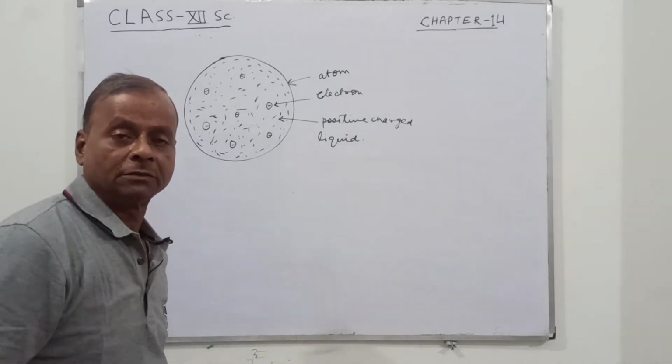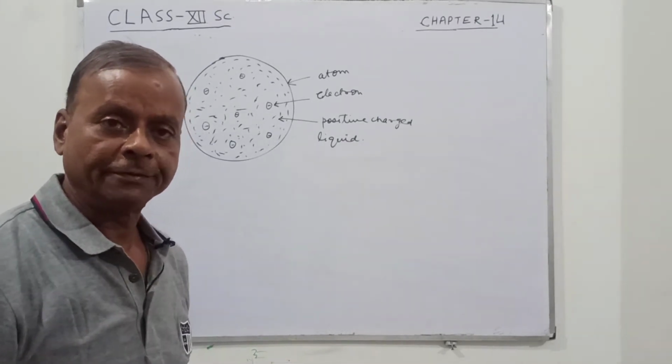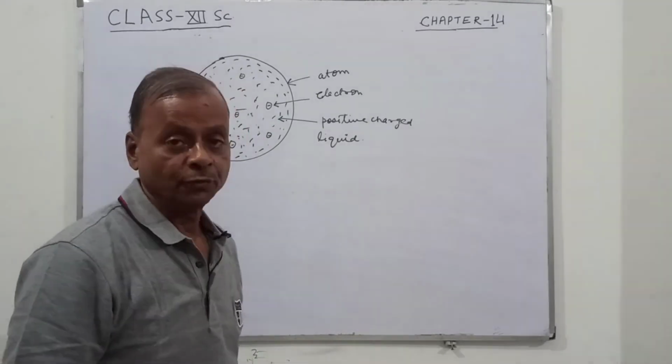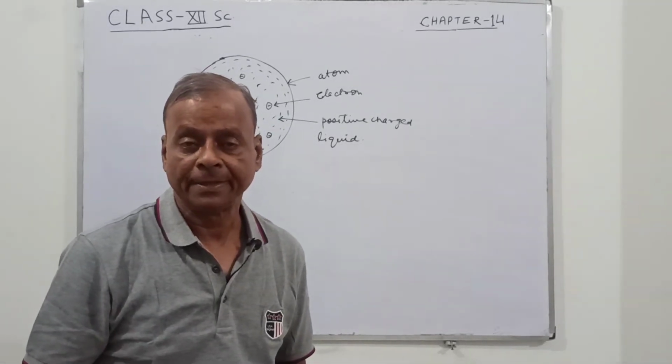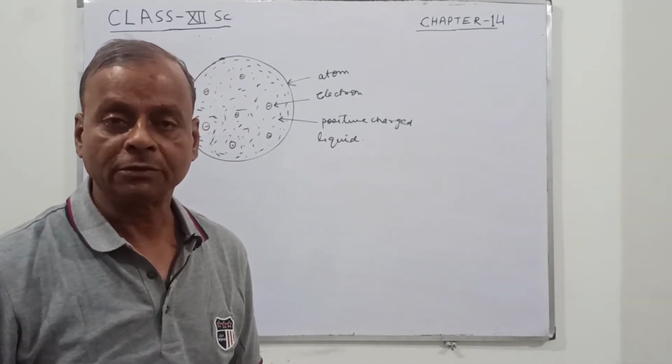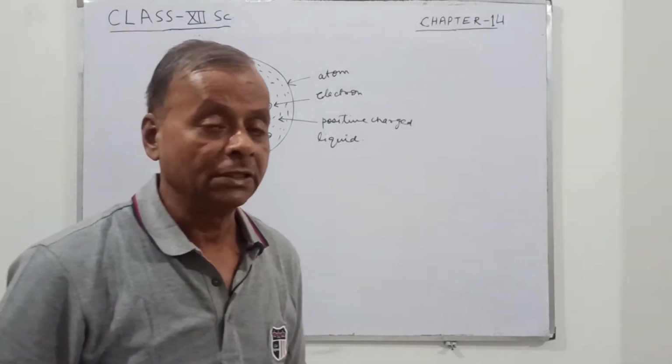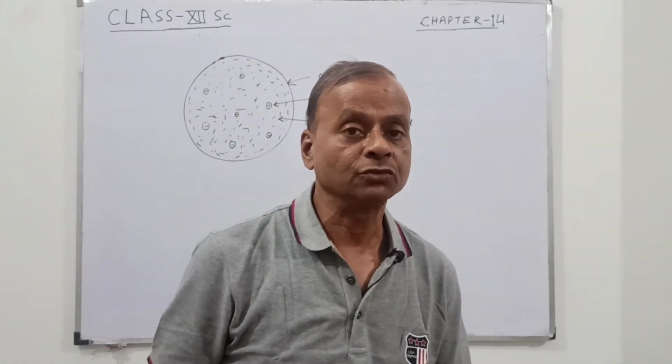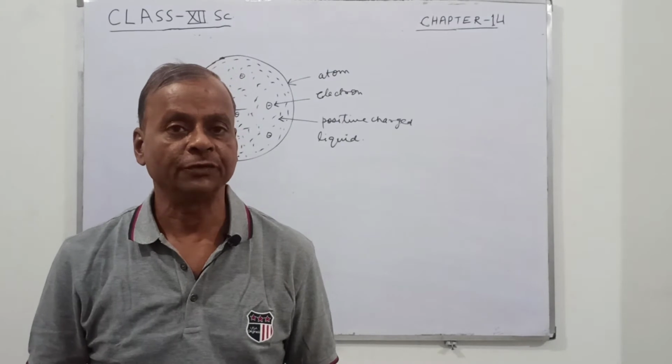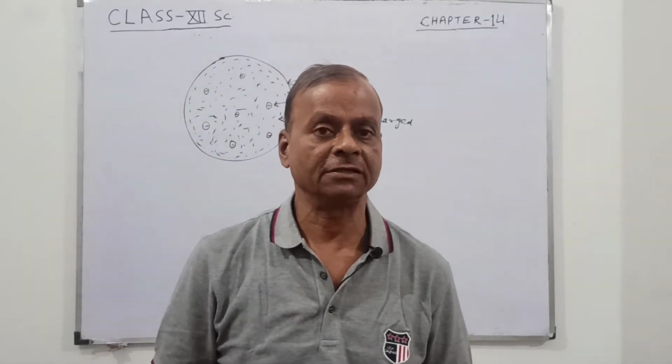This model actually has many discrepancies and was not the successful one. But at that time there were two things: one, the thermionic emission of electrons, and second, the hydrogen spectrum.